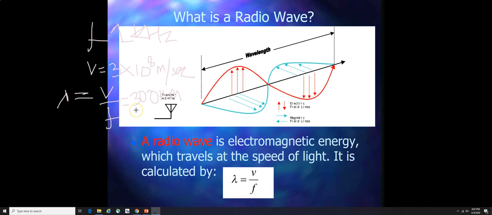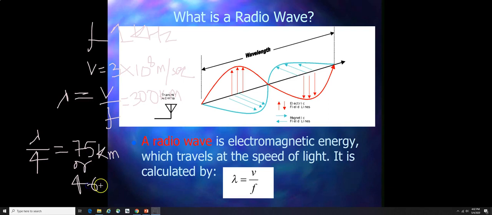Which means that your wavelength should be 300 kilometers, and now the antenna which you want to make needs to be 1/4 of this distance. So 1/4 of this will be 300 divided by 4, and this will be your 75 kilometers. Or we can say that it is 46.6 miles.